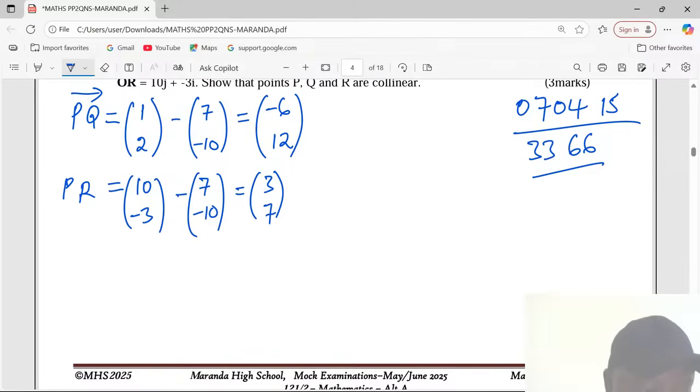I'm very careful on how the vectors have been written. Very careful on the writing of the vectors.